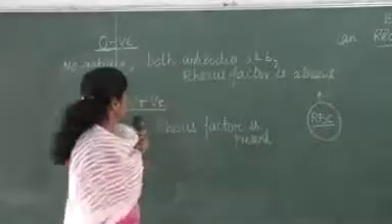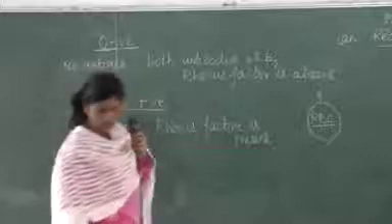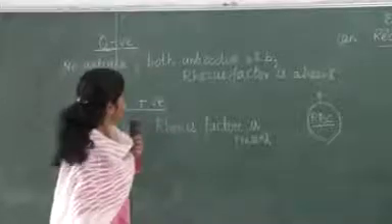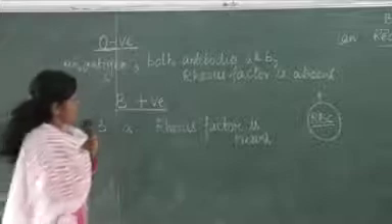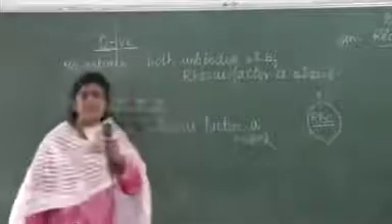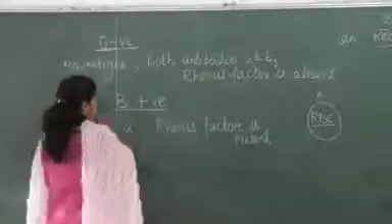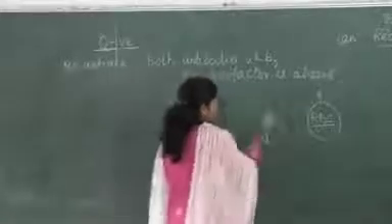Okay. Now, let us have a look at blood donation with respect to the rhesus factor, like what happens if an Rh positive person is giving blood to an Rh negative person, and so on.